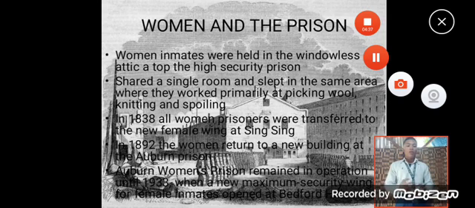In 1838, all women prisoners were transferred to the then new female wing at Sing Sing. In 1892, the women returned to a new building at Auburn prison. The Auburn Women's Prison remained in operation until 1933, when a new maximum security wing for female inmates opened at Bedford Hills.